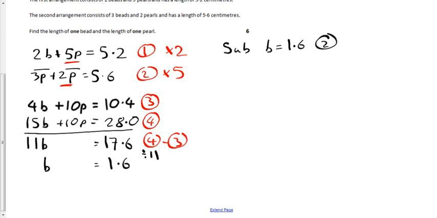And I've just spotted that should be 3b there. So I have 3 lots of 1.6 plus 2p is equal to 5.6.